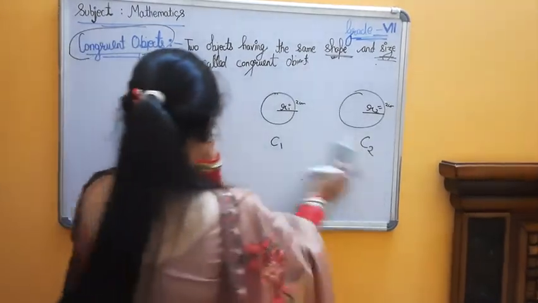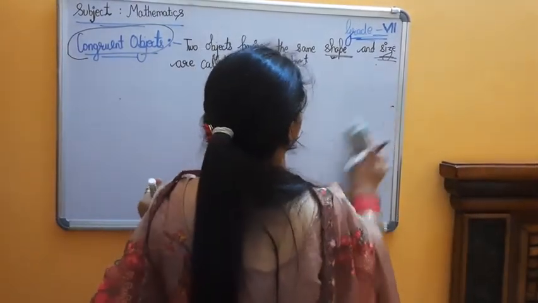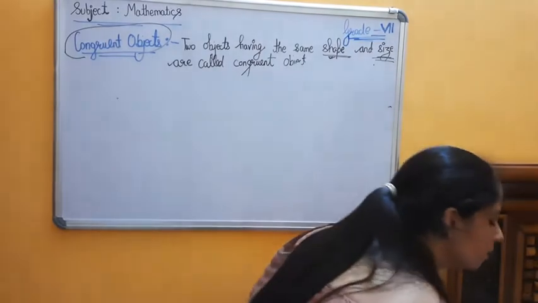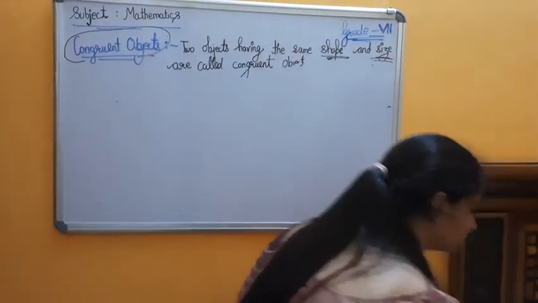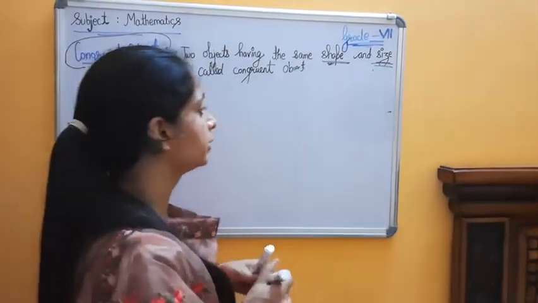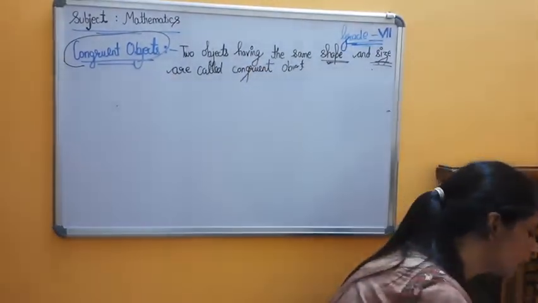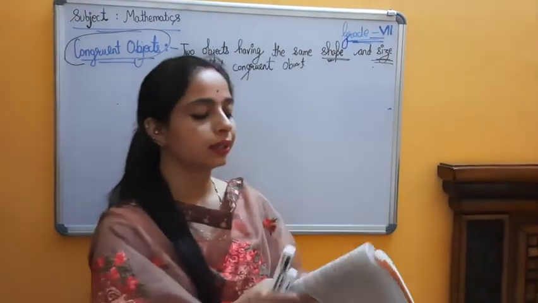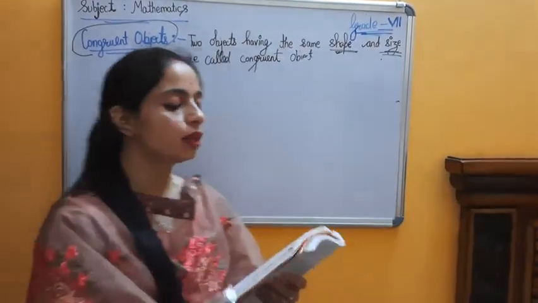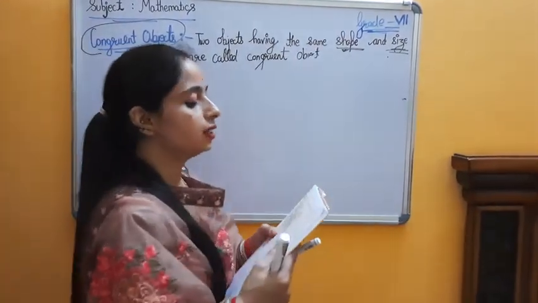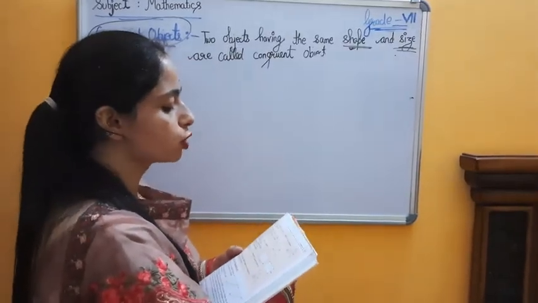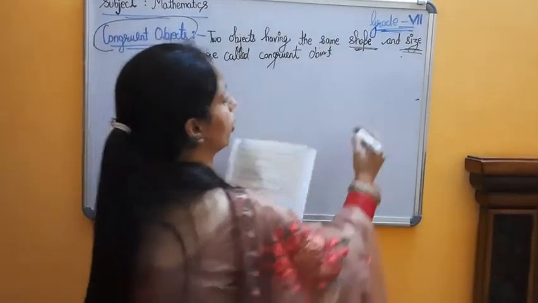Lastly, I want to explain one question of your exercise 10.1, and with this you will be able to solve all the questions of this exercise. This is your question number 3: in the figure, angle POQ is congruent to angle ROS.